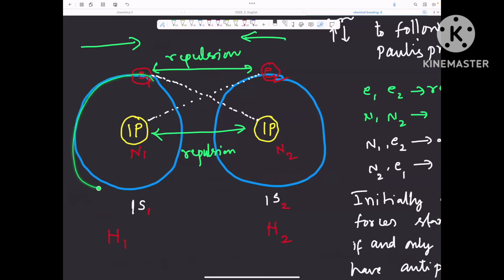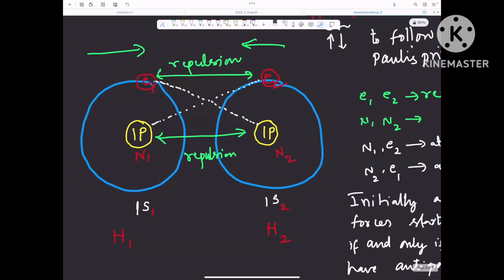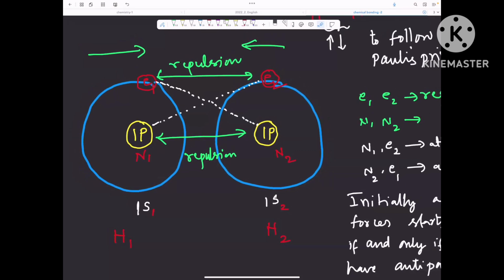But in reality, electrons are not simple particles. We know they have a dual nature, both particle and wave nature, and for microscopic particles simple Coulomb's attractive forces cannot be applied.